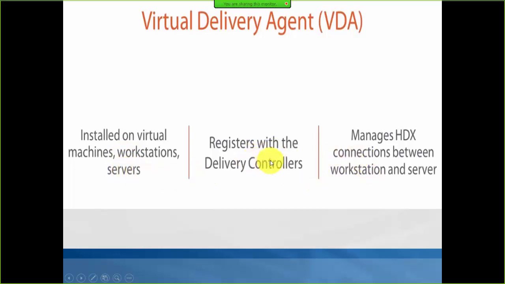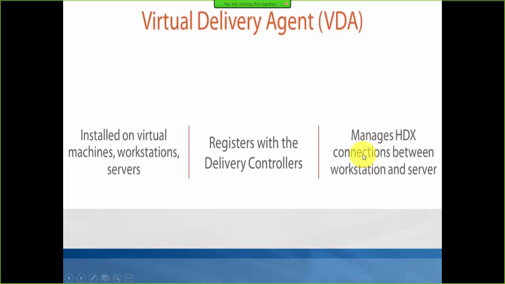Also, it keeps connectivity with the delivery controllers, or sends the delivery controller an update: hey, I'm installed on these 10,000 machines, or I'm installed in those 20 servers, and this is the information for those machines and for those servers. There are these many applications on those machines, and there's a video streaming going on, so we need some extra features to make that streaming not lagging, and the quality of the video should be better as well.